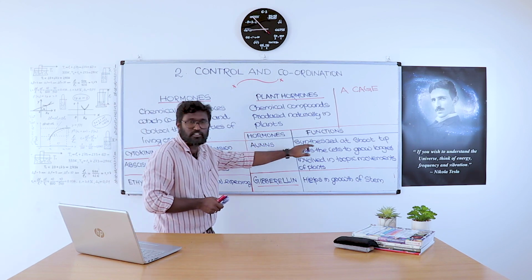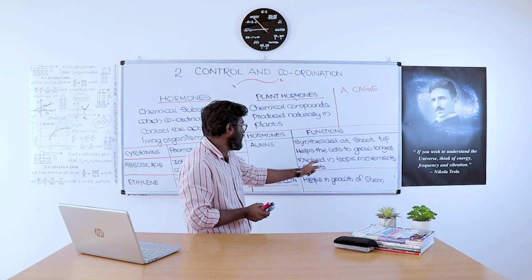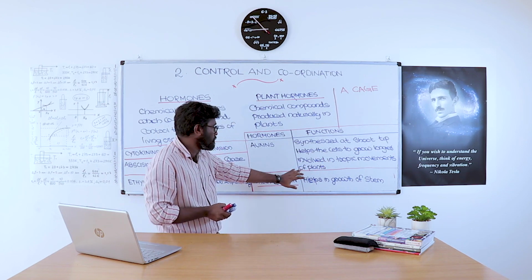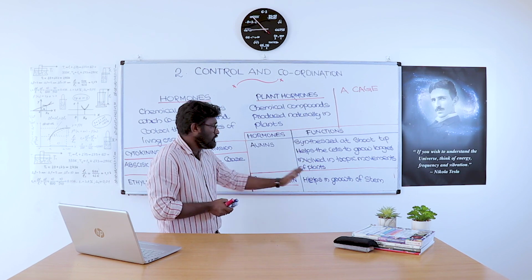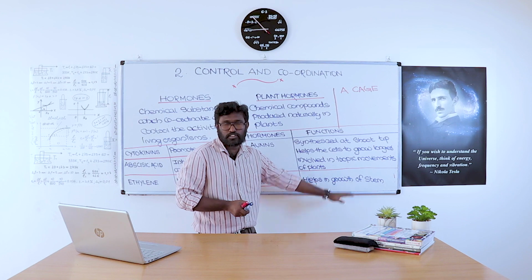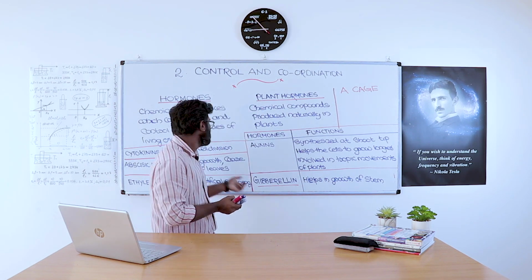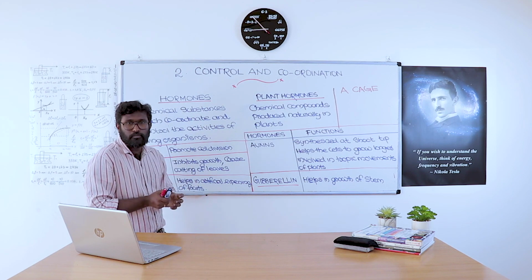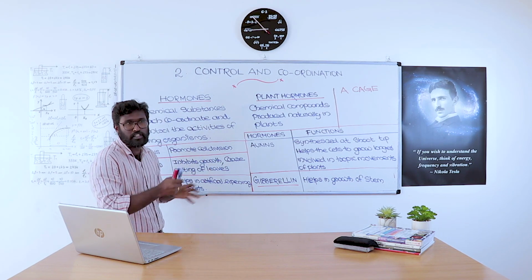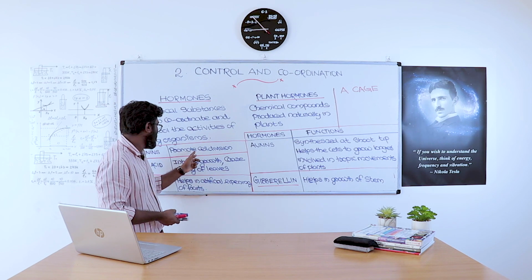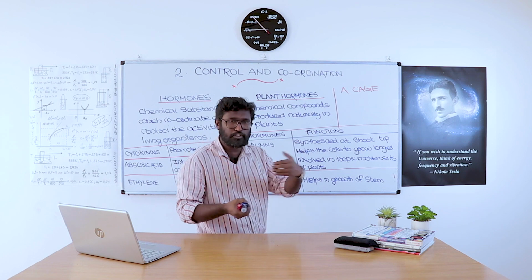Auxin is synthesized at the shoot tip, helps the cells to grow longer, and is involved in the tropic movement of plants. Gibberellin helps in the growth of the stem. Cytokinin promotes cell division, which means cells are multiplied: one cell divides into two, then four, like that.